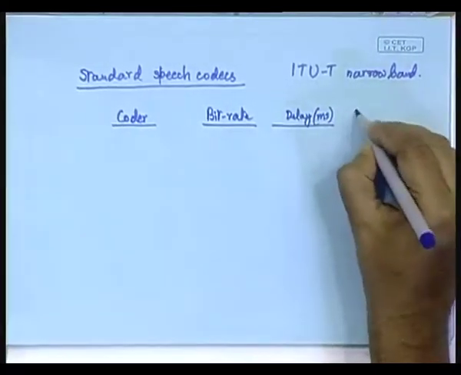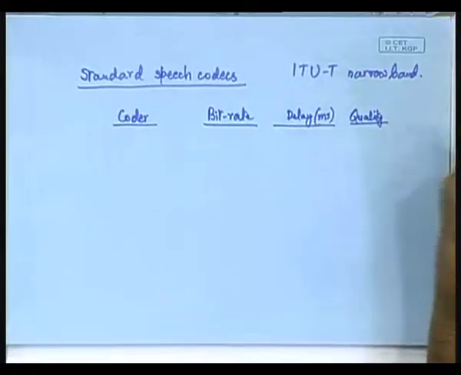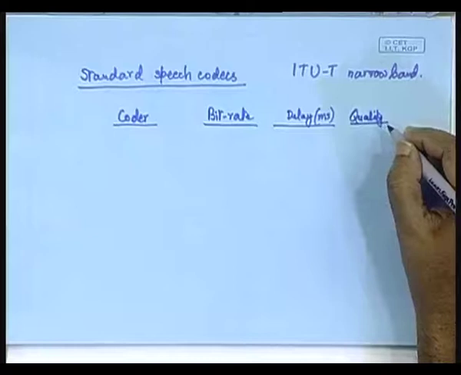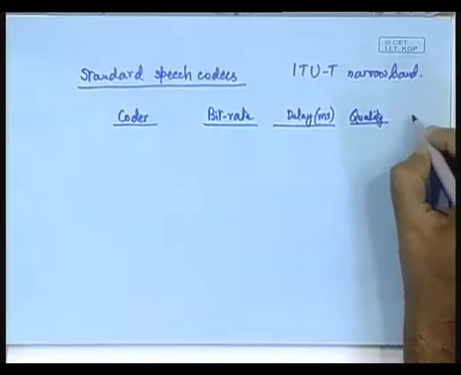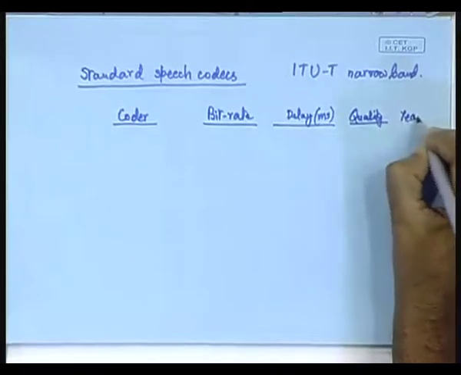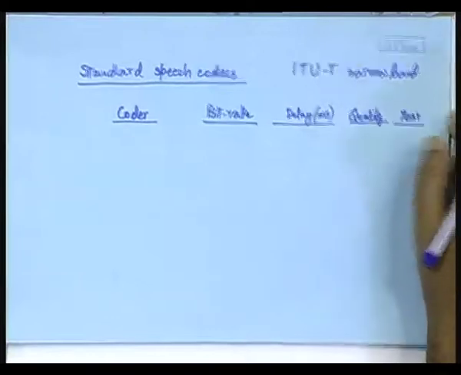And then the kind of quality. Actually, what ITU-T specifies is that it should be of a good quality, which they refer to as toll quality transmission. So, toll quality requirements, or at least near toll quality requirements, must be met. And then we also say in which year that standard was adopted.